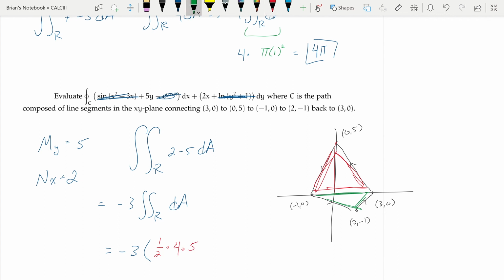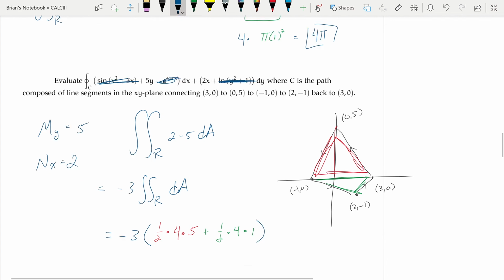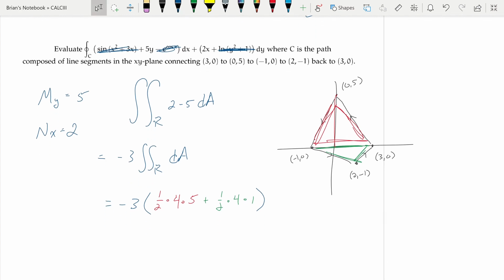And then add that to the area of 1/2 times the base, which is 4, and then the height is 1. Technically we go down 1, but height is just absolute. All right, now we solve that. We'll get negative 3 times 2 times 5 plus 2 times 1, which is negative 3 times 10 plus 1, negative 3 times 12, or negative 3 times 11, which is negative 33.